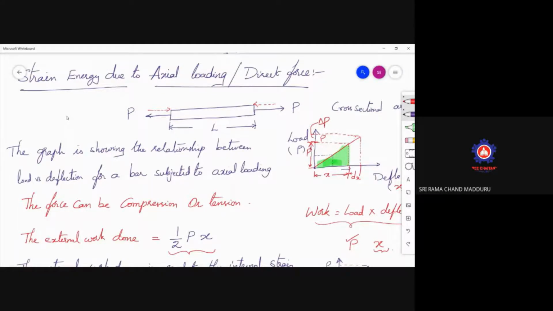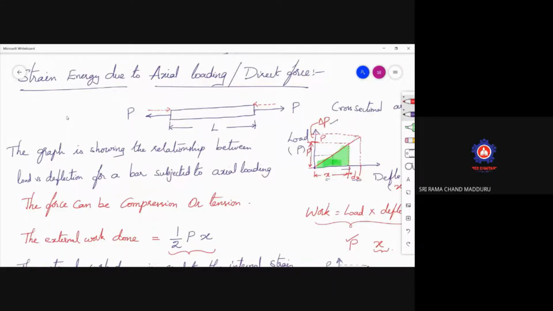When it is subjected to a force of capital P, there will be a deformation, which we consider as X. At load 0, deflection is also 0. If you keep on increasing the load, there will be an increase in the deflection. So for a certain load P applied, the corresponding deflection is X. If you slightly increase the load by delta P, then there is a slight increment of dx. The force may be compressive force or tensile force.